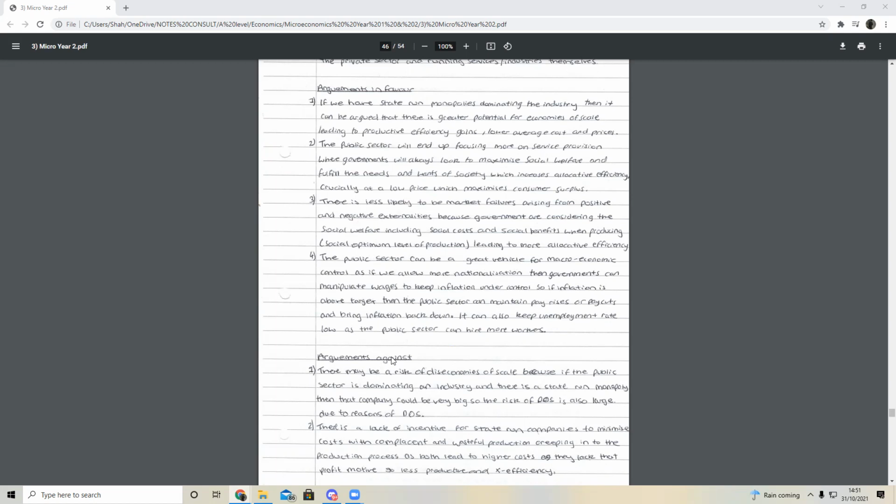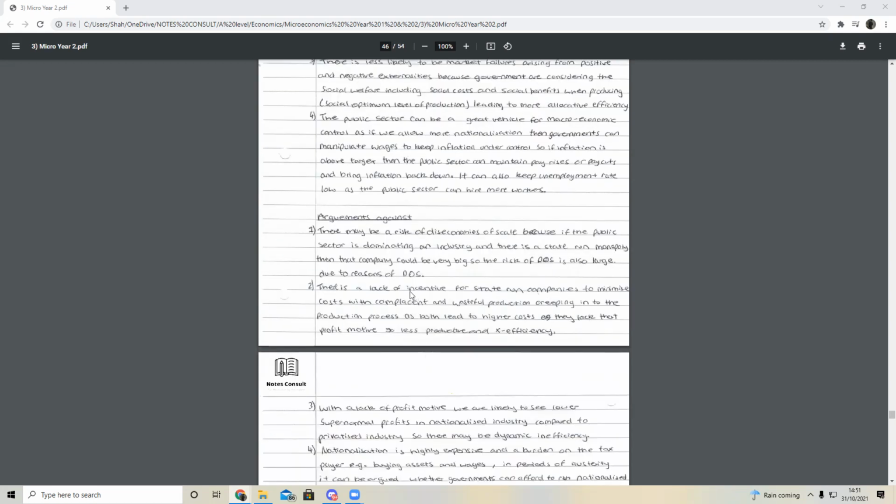Arguments against nationalization: risk of diseconomies of scale, because the public sector is dominating industry. If there's a state-run monopoly, then the company could be very big.